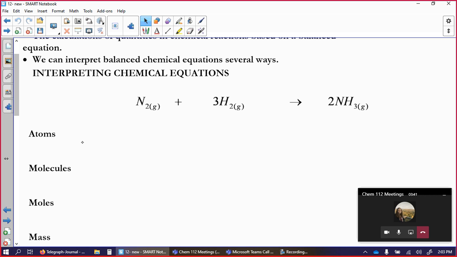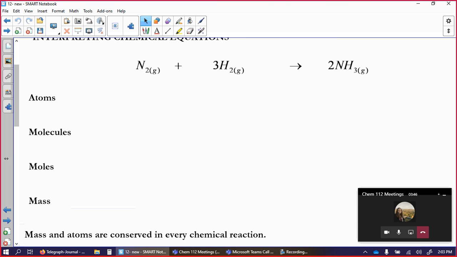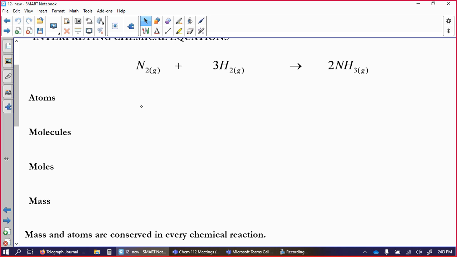So I have this set up in terms of this old-fashioned but ridiculously important equation. It's just the synthesis of ammonia from the elements. It's probably one of the most important industrial reactions because it produces ammonia, which you can use to make fertilizer and all sorts of things.